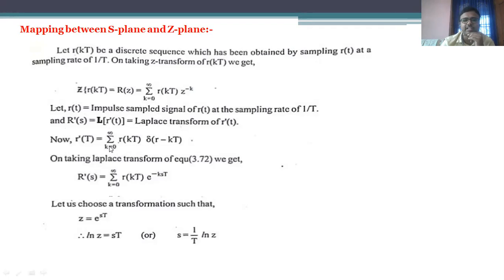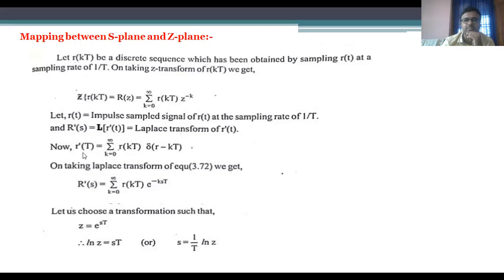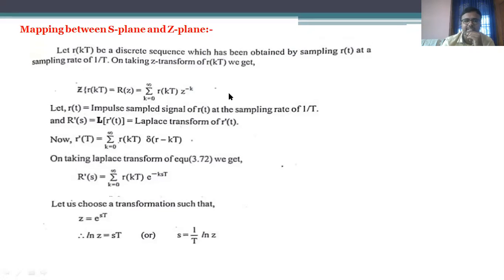Therefore, with the application of the Laplace transform for this particular signal, the Laplace transform of R dash of t is converted into R dash of s, which is equal to sigma from k is equal to 0 to infinity R of kT into e power minus s into kT.